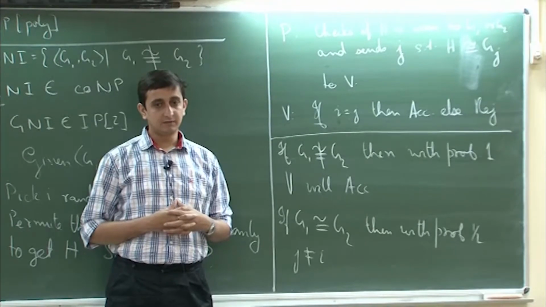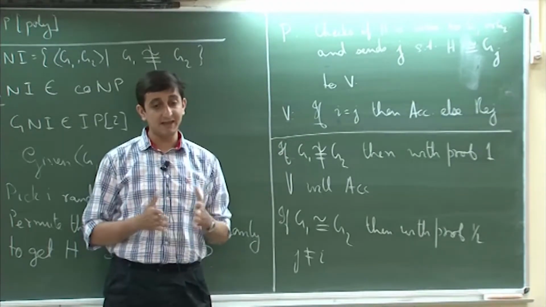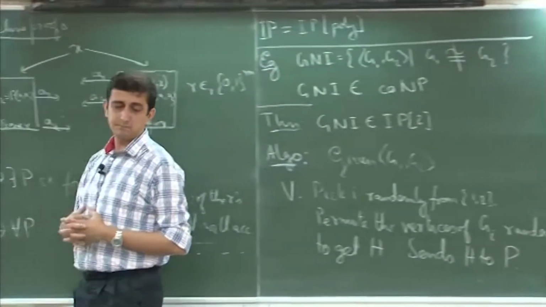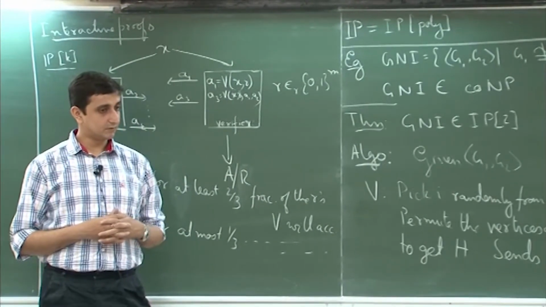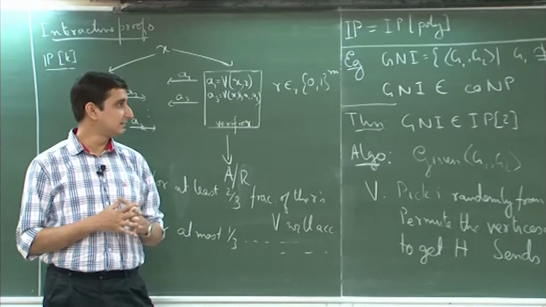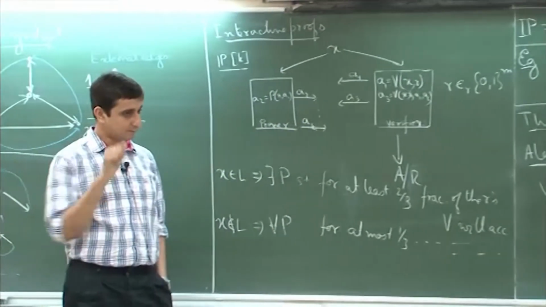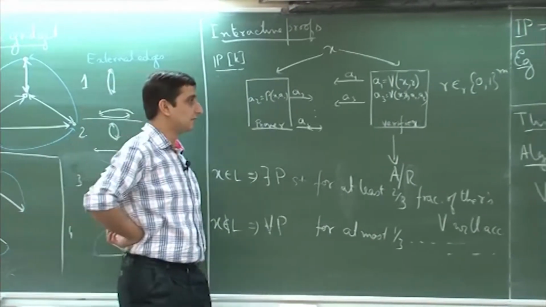And the goal of the verifier is to be skeptical and only accept those things which are in the language. But Oracle does not operate with any such agenda. So, as somebody said, it always gives the correct answer.